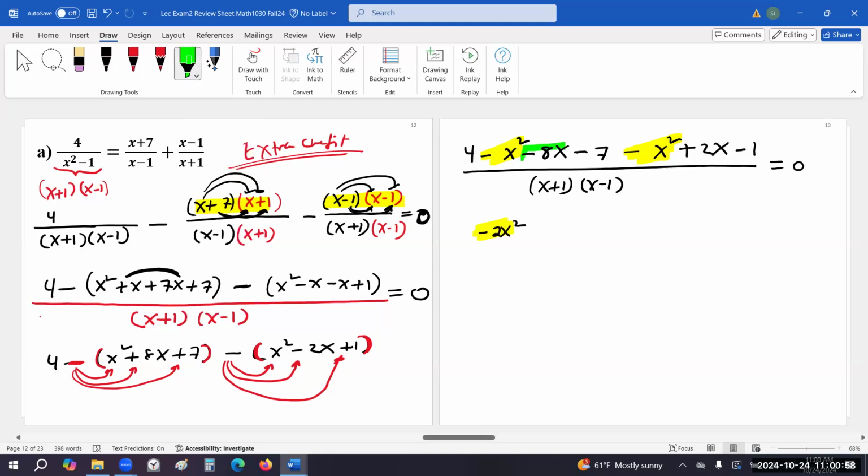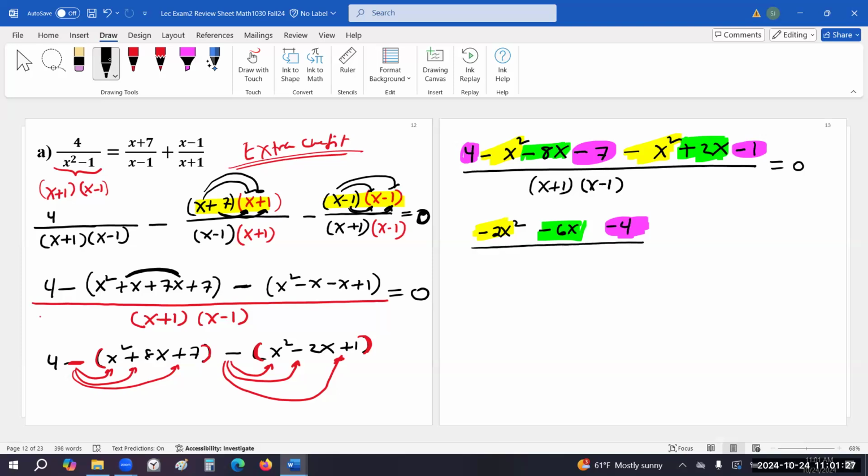Then we have minus 8x plus 2x, negative 6x. And finally, we have 4 minus 7 minus 1. 4 minus 1 is 3. 3 and 7. 7 minus 3 is negative 4. Perfect. Whole thing over the denominator.